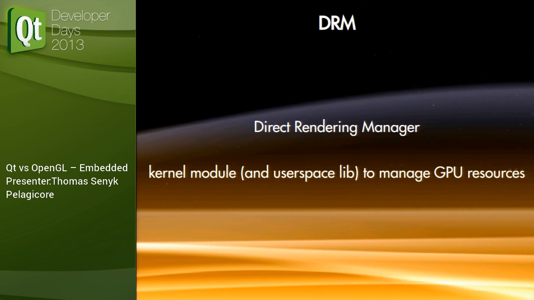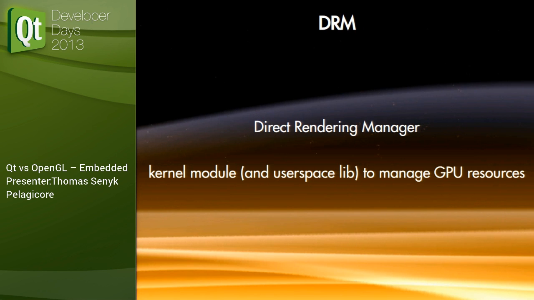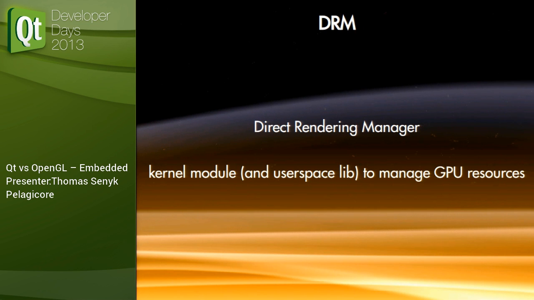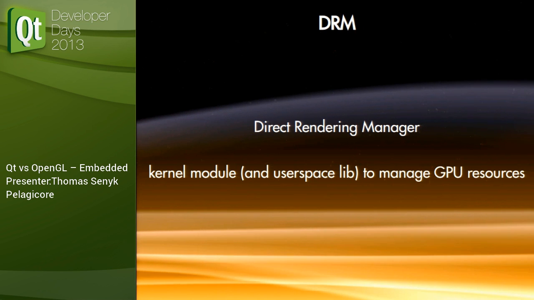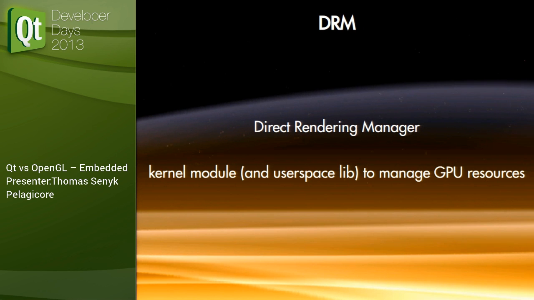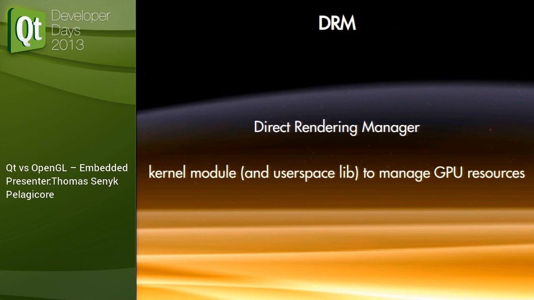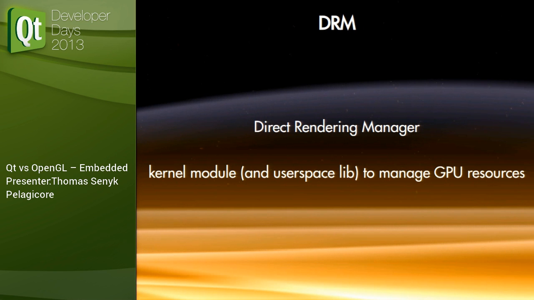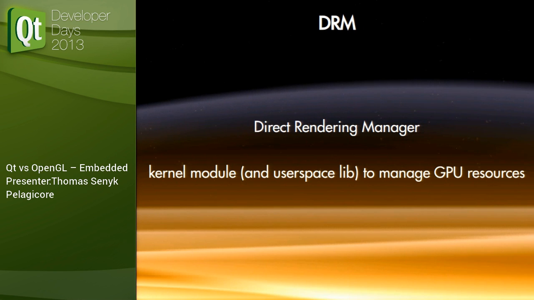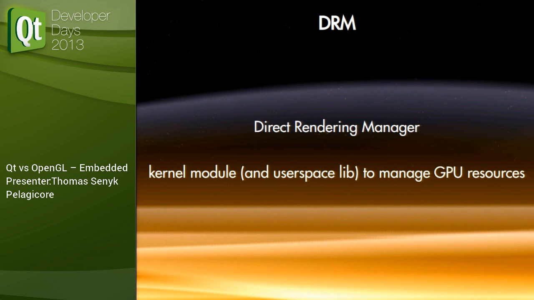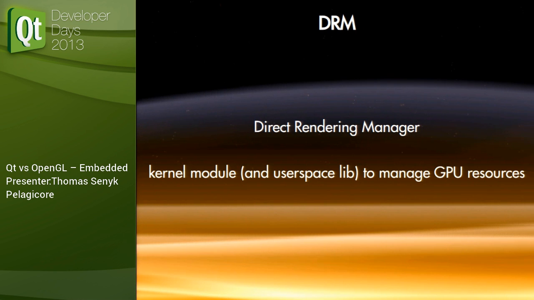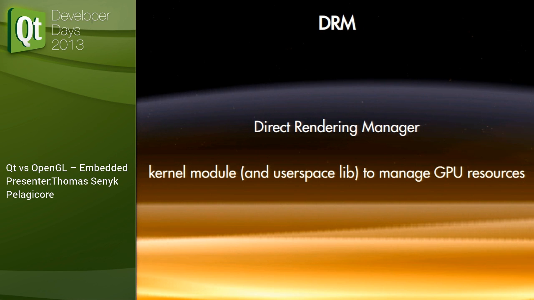An interesting and nice part of DRI is DRM. It is part of the DRI project, but it has absolutely no X11 dependency, and it's direct rendering management. It's basically resource management in the kernel. You have to allocate and deallocate memory and all that stuff. And there's a standardized API for that.